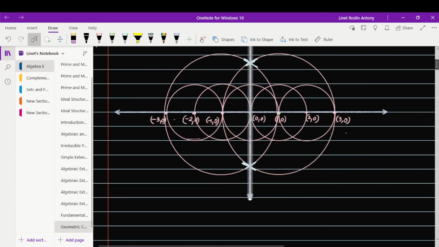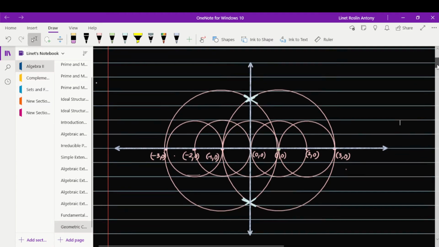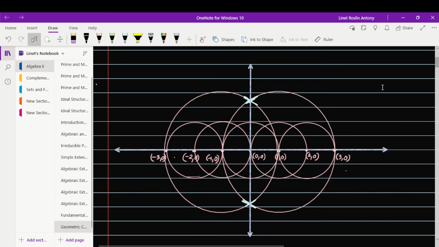Here there is also something which helps us. You have 1, 0 here, 0, 0 here, and you have the y-axis here.